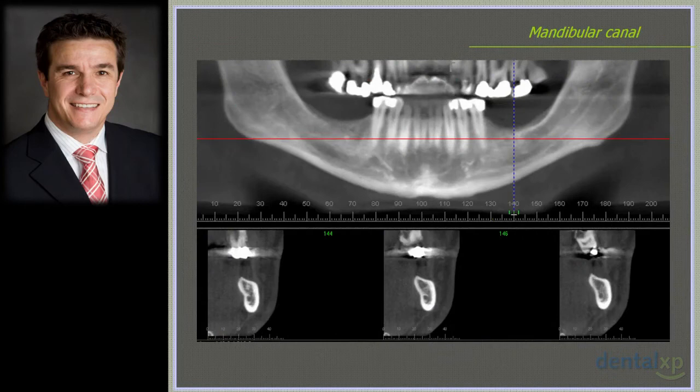Heading higher, we're going to start reviewing the mandible, and in our review of the mandibular bone we will focus mainly on the evaluation of the mandibular canal. As you know, the mandibular canal poses a major anatomical limitation in placing implants on the mandible, and its identification is really crucial for implant planning.